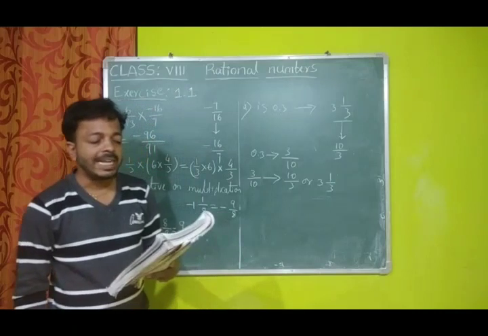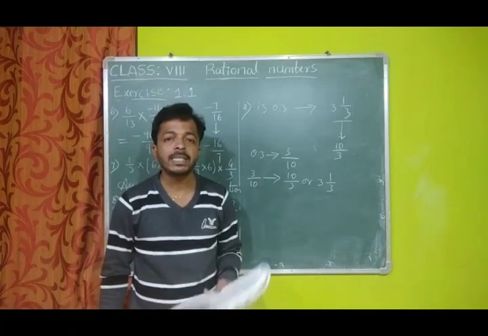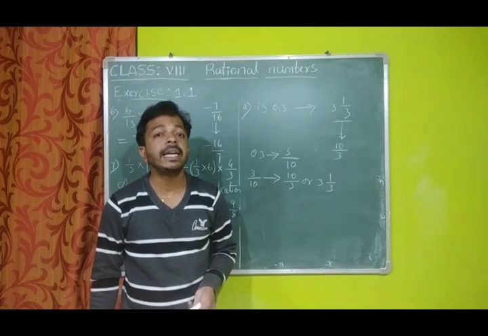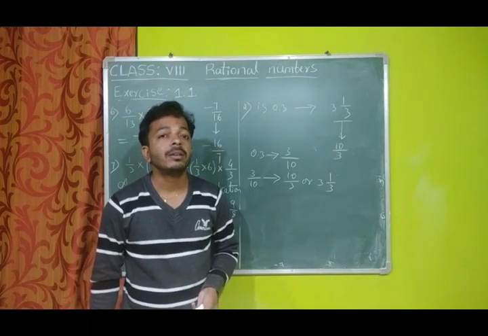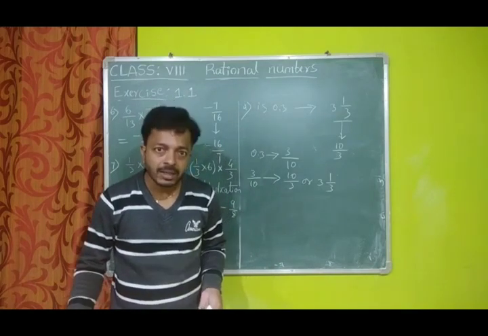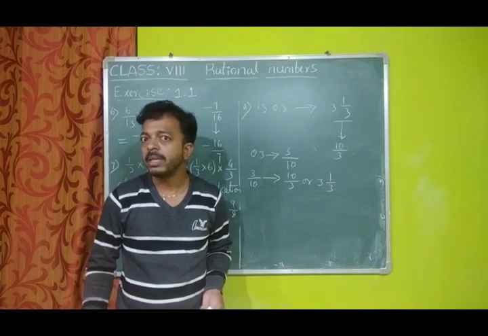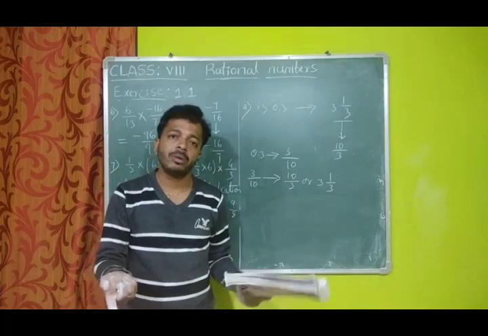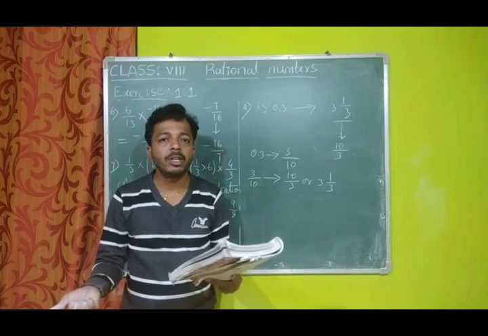Next one: the rational number that is equal to its negative. What? The negative of 1 is minus 1. Are they equal? No. Then which number? 0. The negative of 0 is 0 only. There is no minus 0 at all.